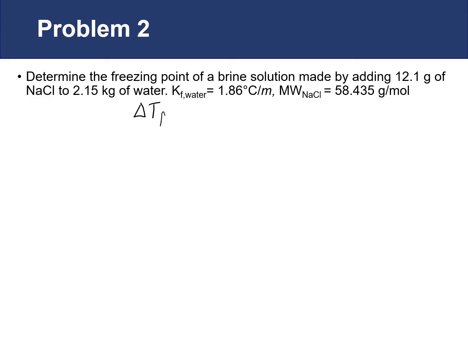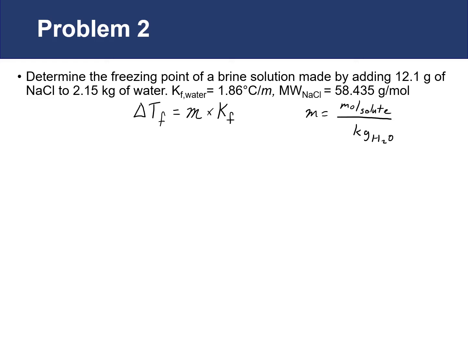So the freezing point depression is equal to the molality of the solution times the freezing point depression constant. The molality is equal to the moles of the solute, in this case the sodium chloride, divided by the mass in kilograms of the solvent, in this case water.